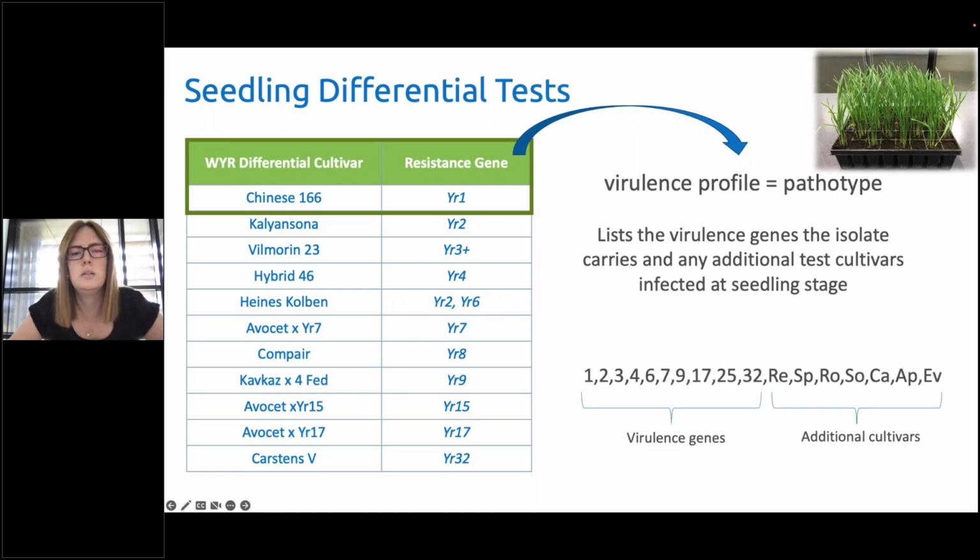What you'll see is an example pathotype on the screen. The first part of it is the collection of the virulence genes, so the numbers, and then the additional cultivars are shown in the right-hand portion of that code. This is so that we can understand the differences between the different isolates that we obtain from the survey.